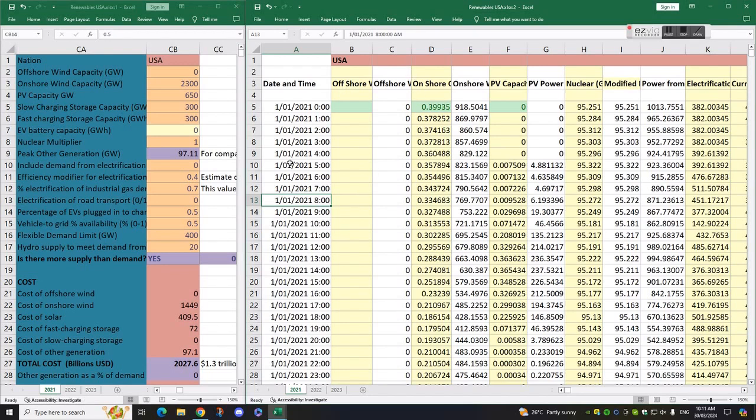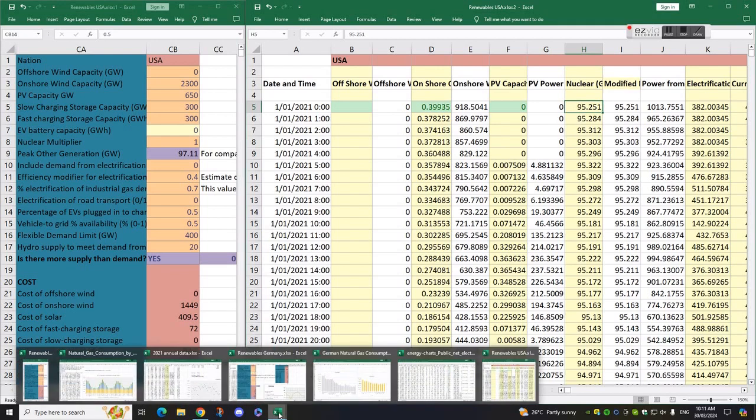There's 365 days times 24, I think that's 8,760 lines of calculations. Of course, it's every hour for the year. For the US, it has the nuclear output at that time, 95 gigawatts.